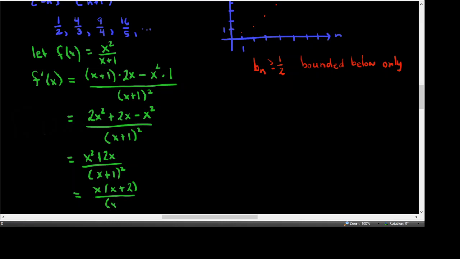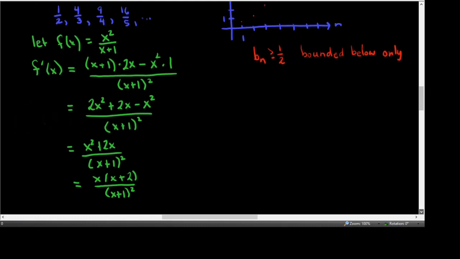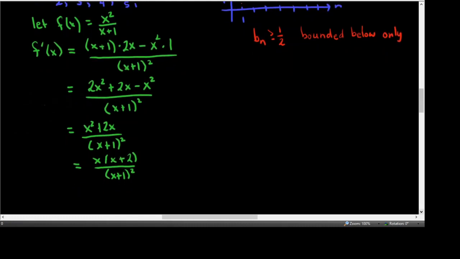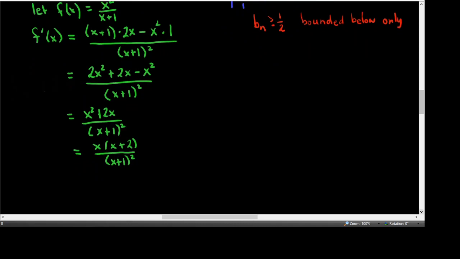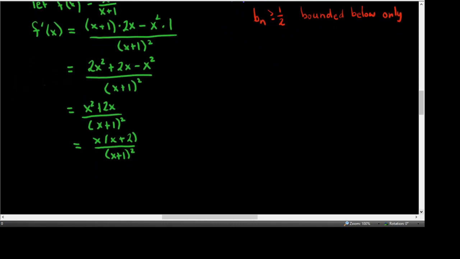So what we're going to do is set this equal to 0 and find out when it fails to exist. Those are where the critical numbers can occur. So having it in factored form is a really good idea because it makes solving these two possibilities way easier.